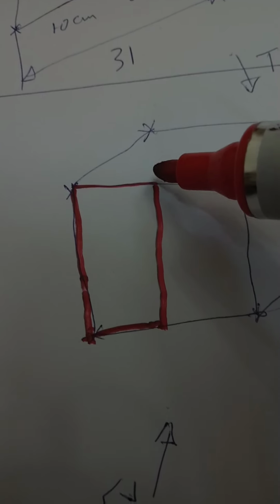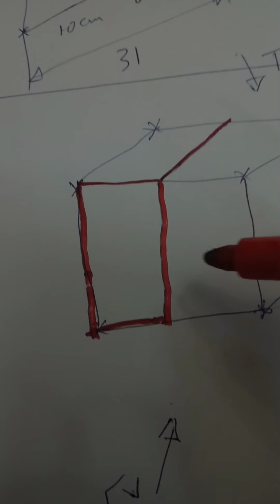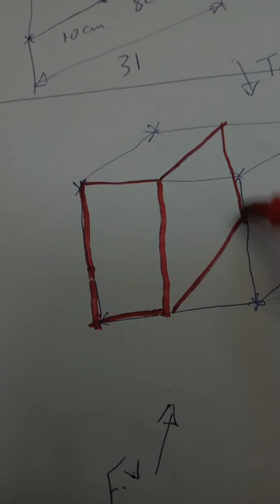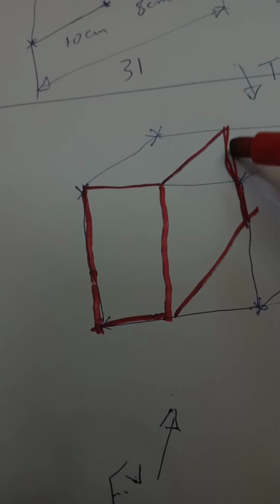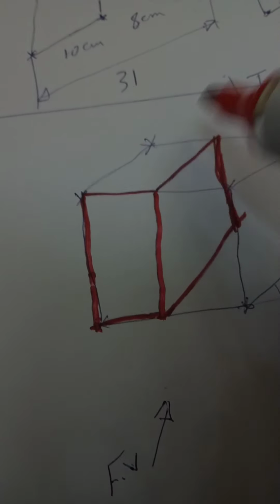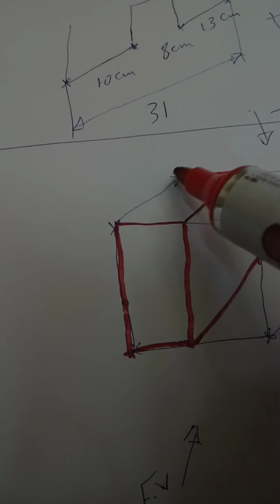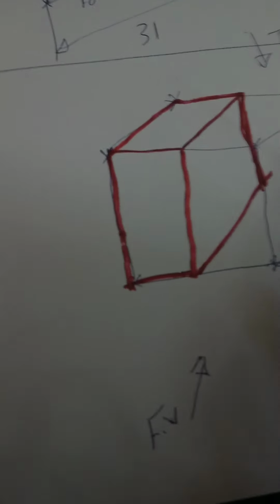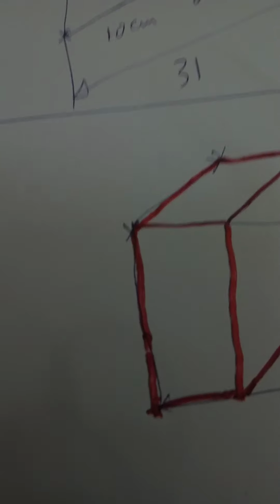Okay, we can draw this one. This is the shared part between the views, and when we complete from the top, we can find this is the beginning shape of the given pictorial.